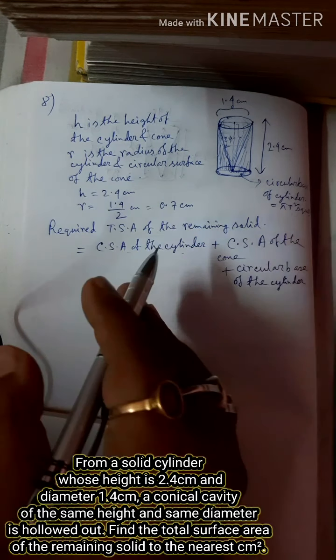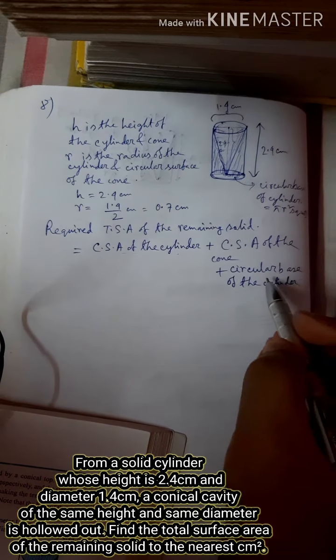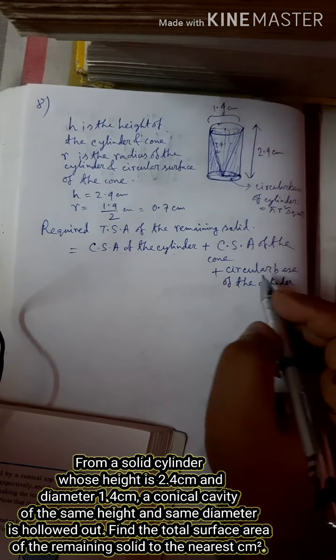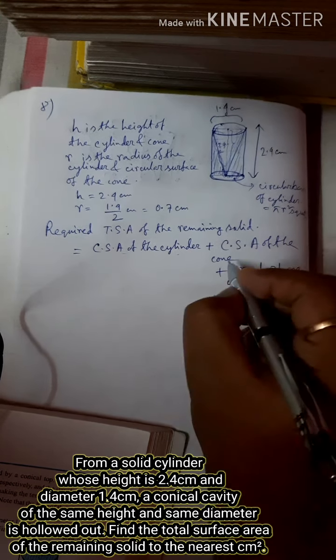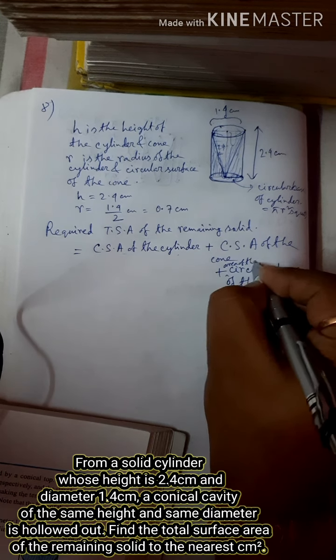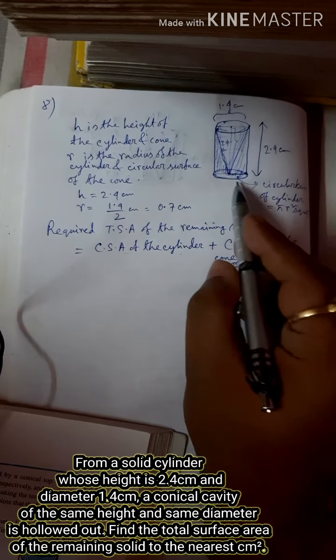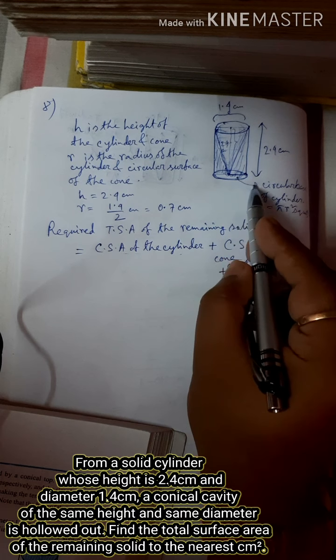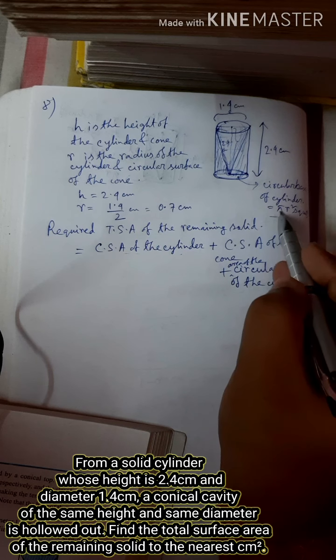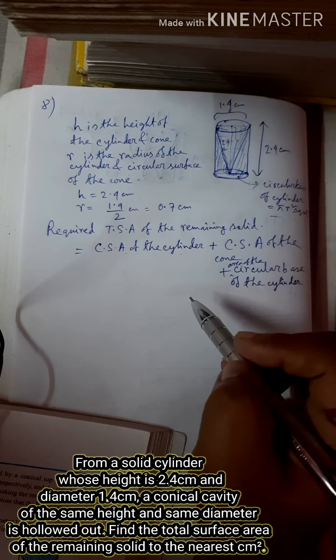R is given, h is given. The circular base of the cylinder, it will be area of the circular base, that is also known, because pi r square, I can calculate that, it will be pi into r is 0.7.